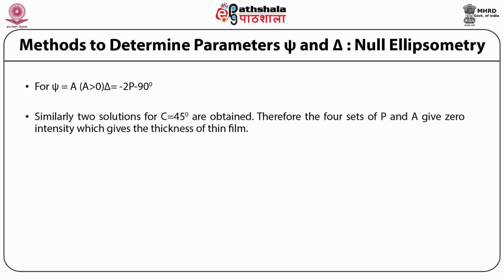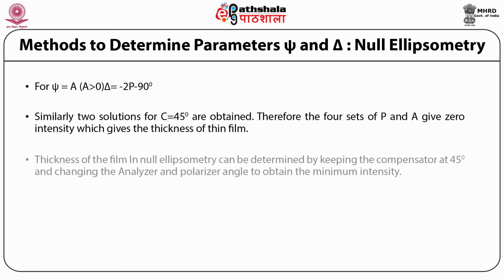Similarly, two solutions for C equal to 45 degrees are obtained. Therefore, four sets of P and A give zero intensity, which gives the thickness of thin films. Thickness of the film in null ellipsometry can be determined by keeping the compensator at 45 degrees and changing the analyzer and polarizer angles to obtain minimum intensity.